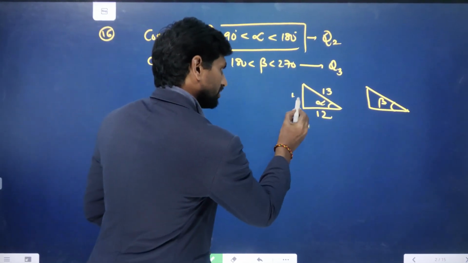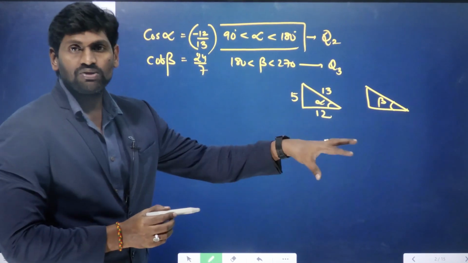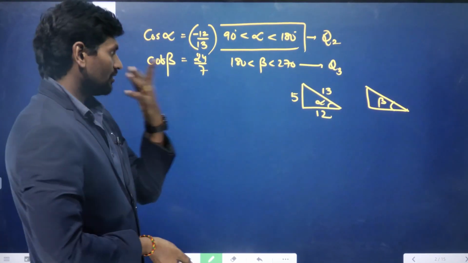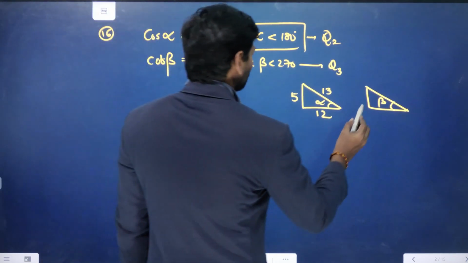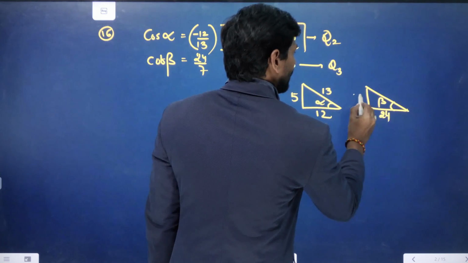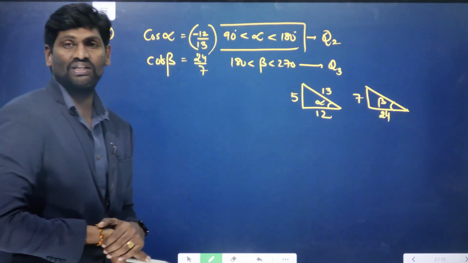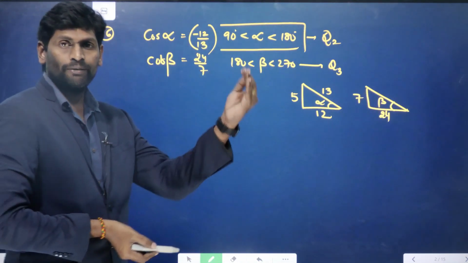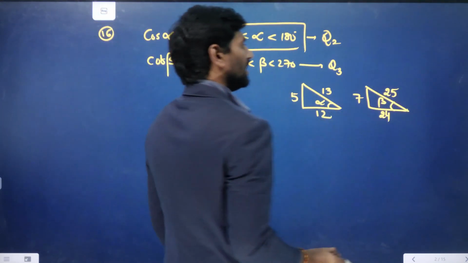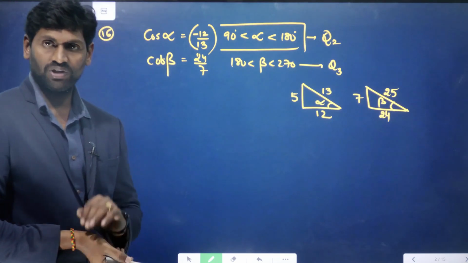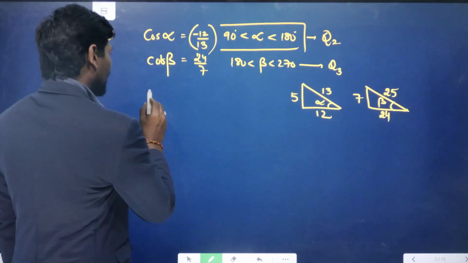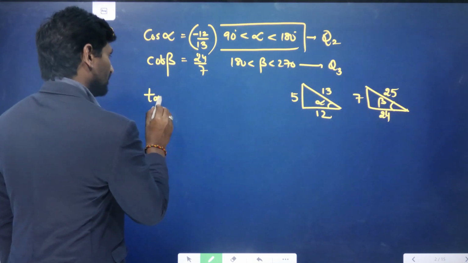Okay? So it will be 5, since 12 square plus 5 square becomes 13 square. Right. Coming to beta, cot is adjacent side by opposite side, and the hypotenuse, again using the Pythagoras formula, we will get 25. Okay, right. So let us find tan alpha plus beta.